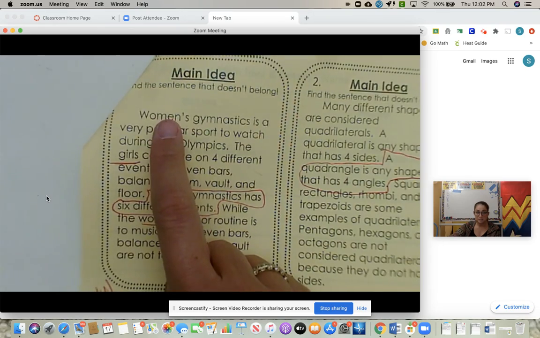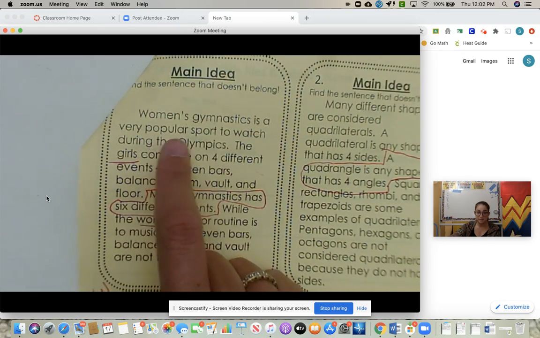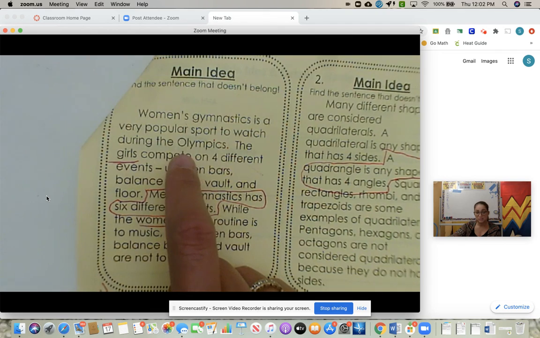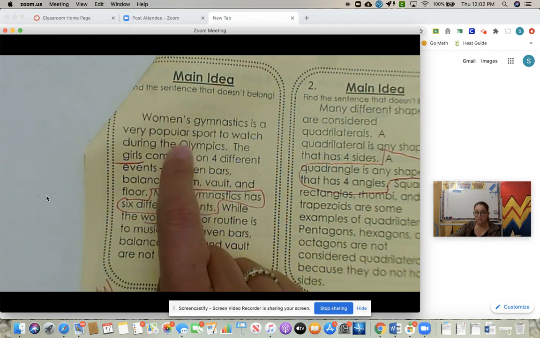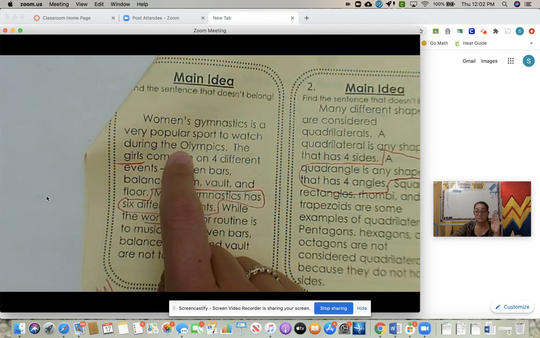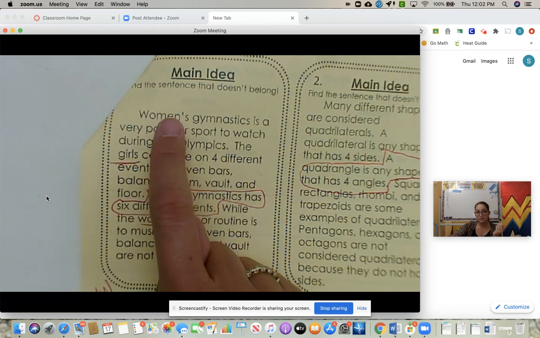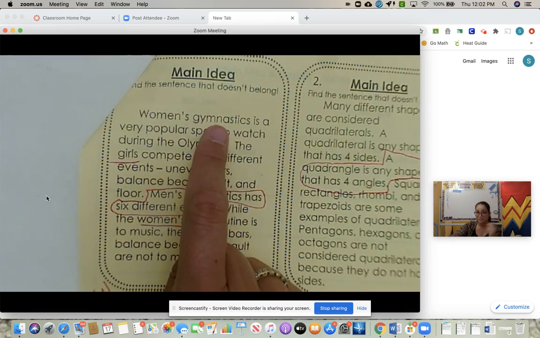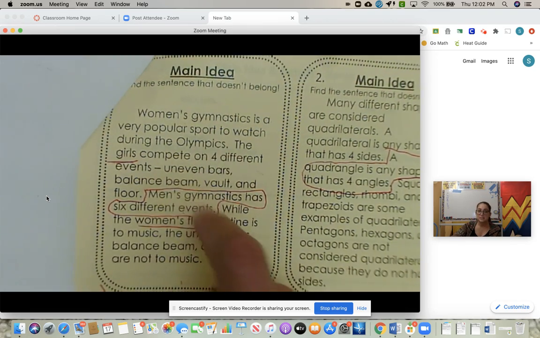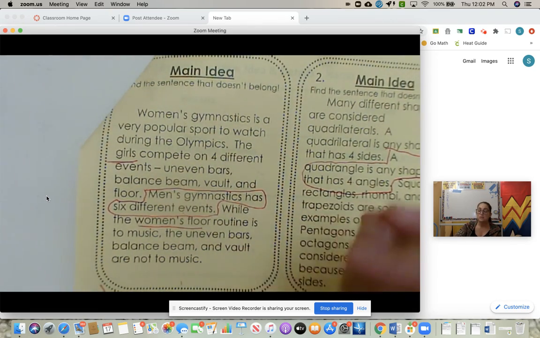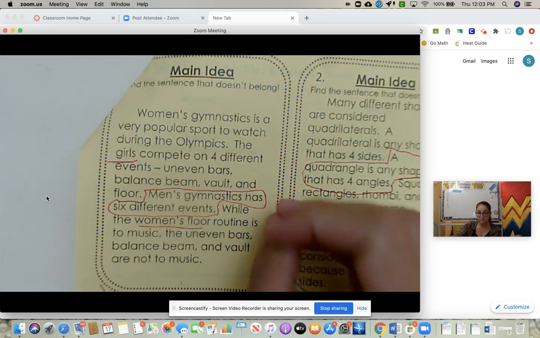So our topic sentence is women's gymnastics is a very popular sport to watch during the Olympics. That could actually be your full main idea as a sentence. But what is the main idea as far as a topic? Is women's gymnastics. So then we read each sentence and we decided which is only talking about women's gymnastics.